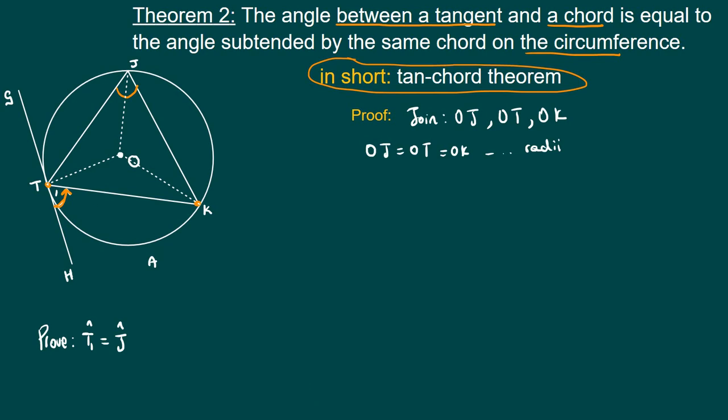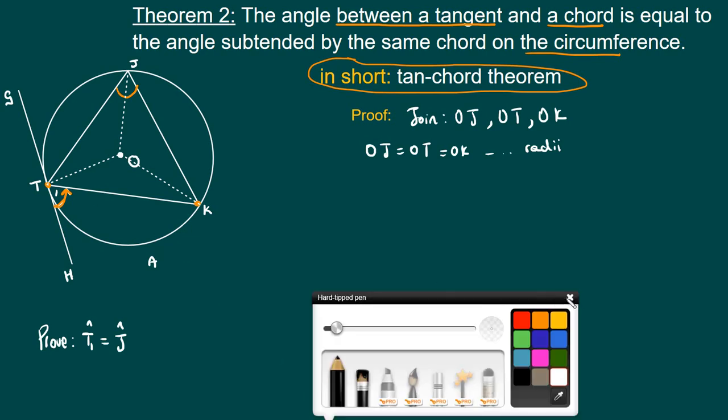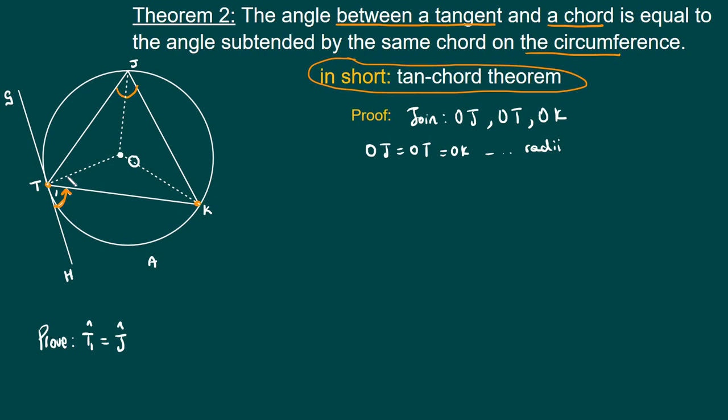Okay, then what do we do from there? Label them. Go back to your angles here, then you're going to label them. So this is T1, you're going to call this T2 and then T3. This one you call J1 and J2. This one you're going to call K1 and K2. Whichever way, even if you say here it's 2 and then 1, the theorem you will always be able to prove.